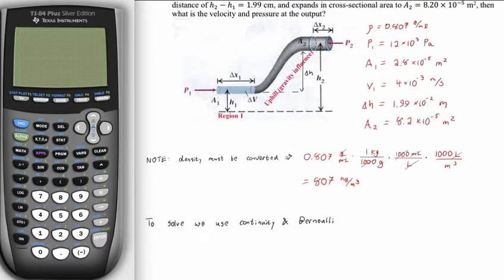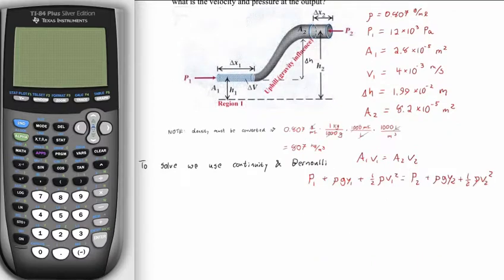Our two equations are A1 V1 equals A2 V2, that's continuity, and then P1 plus rho g y1 plus 1/2 rho V1 squared equals P2 plus rho g y2 plus, our last term, 1/2 rho V2 squared. We're going to plug in what we know and then solve for our unknowns.